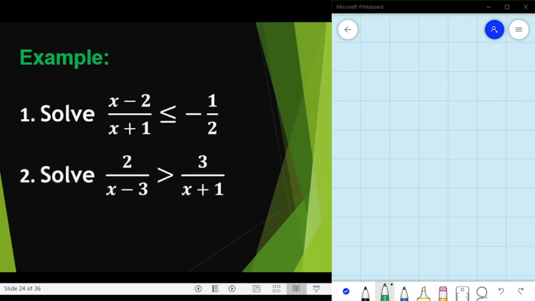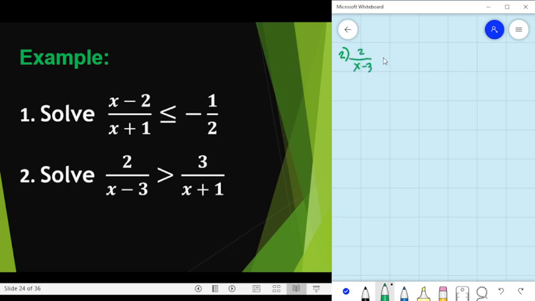Okay. So, example number 2, we have the inequality 2 all over x minus 3 is greater than 3 all over x plus 1. Okay? Making the right side 0, we add to both sides negative 3 over x plus 1.